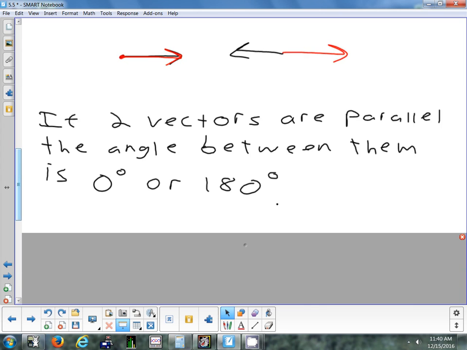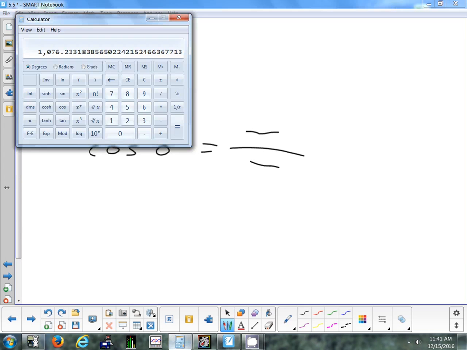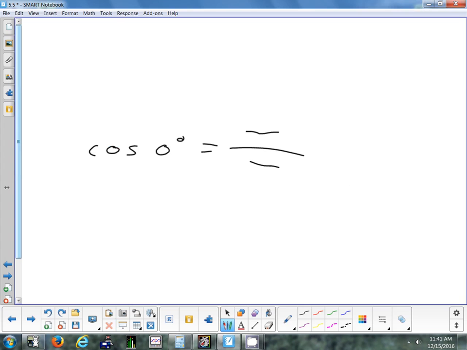Now let's see if we can come up with the same kind of shortcut. Let's start with the case where the angle is 0. Let's fill that in for our angle. You'd have some dot product on the top, product of the magnitudes on the bottom. Let's take the cosine of 0. I get 1.